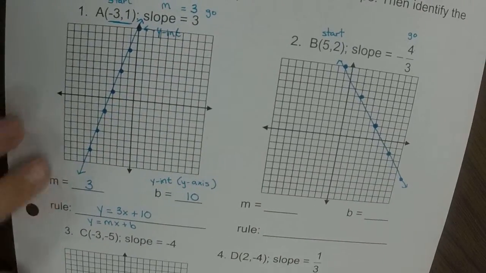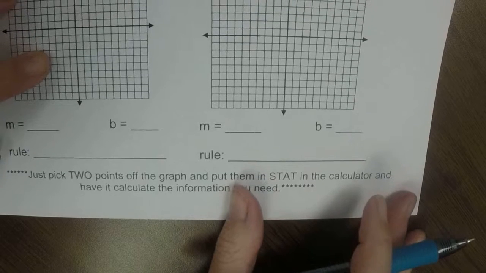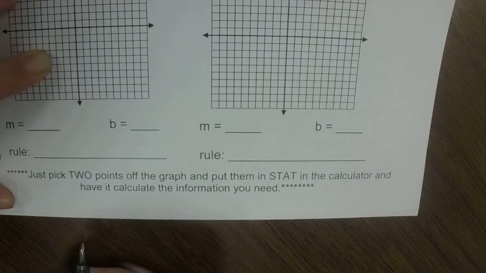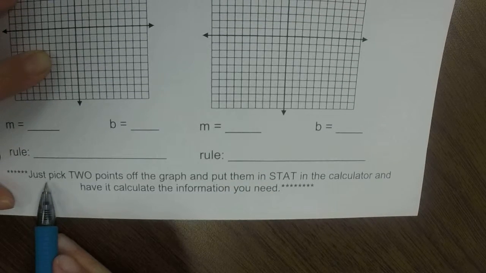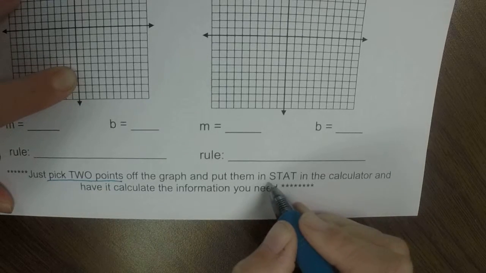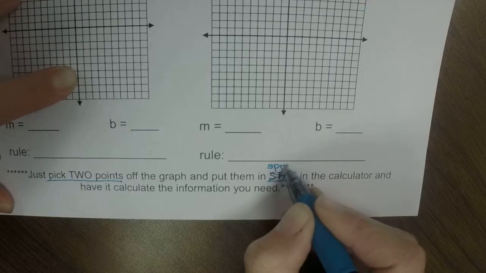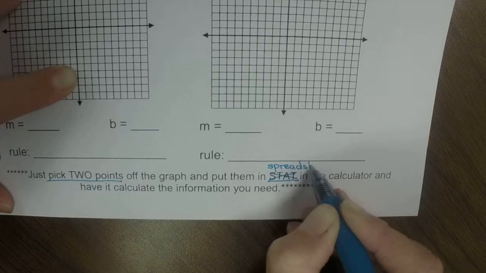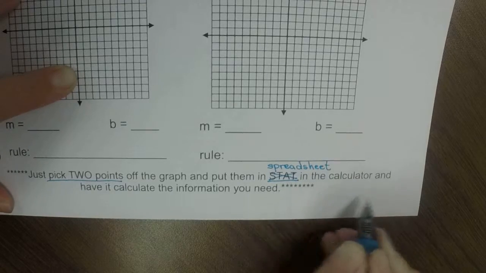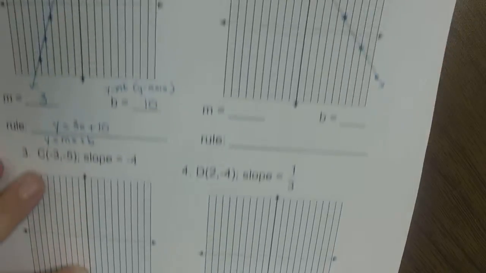So down at the bottom of your paper, I've written you a little note, and it says basically if you can't see the y-intercept, you're going to pick 2 points and you're going to put them in stat, which we actually now call spreadsheet. So you can change that to spreadsheet in your calculator and have it calculate the information that you need.